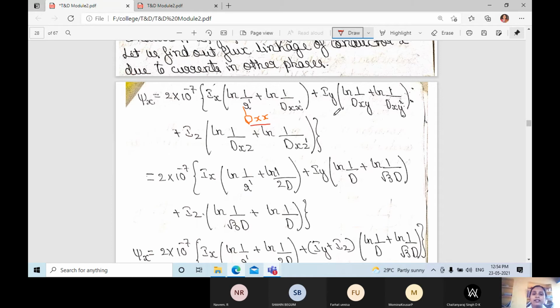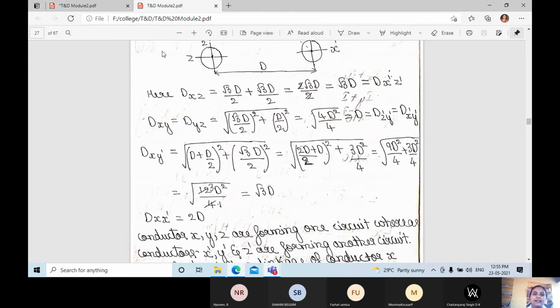So we don't know the distances, but we have found out the distances between the conductors. What is the value of dxx dash? The value is 2d. You can observe here dxx dash value is 2d.